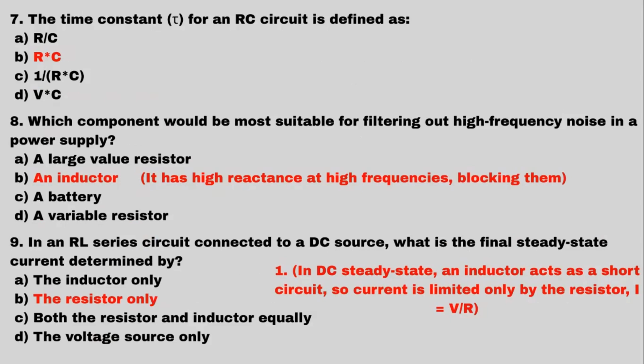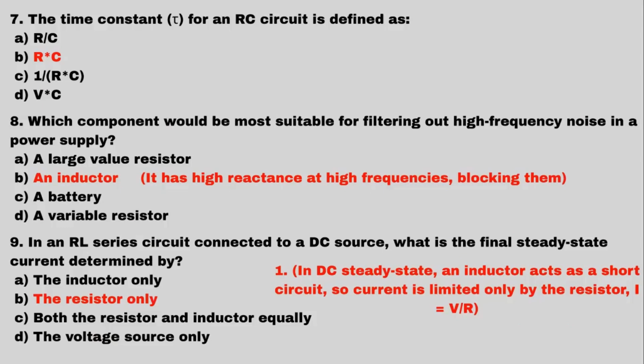So 8th question, which component would be more suitable for filtering out higher frequency noise in a power supply? An inductor, right? Because it has high resistance to high frequencies, blocking them. High frequency can be blocked.